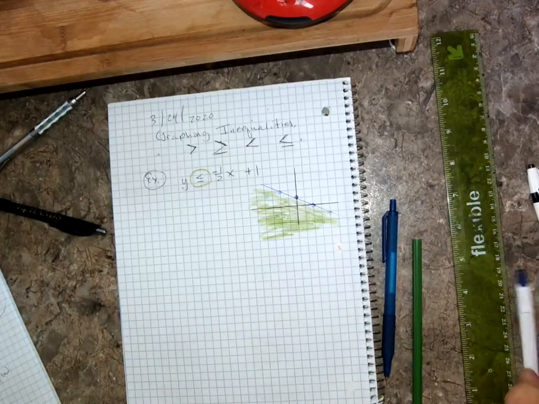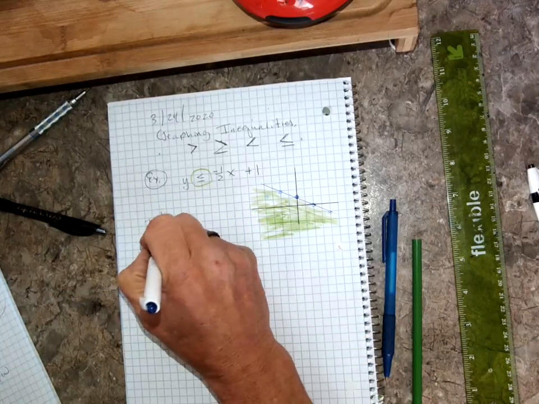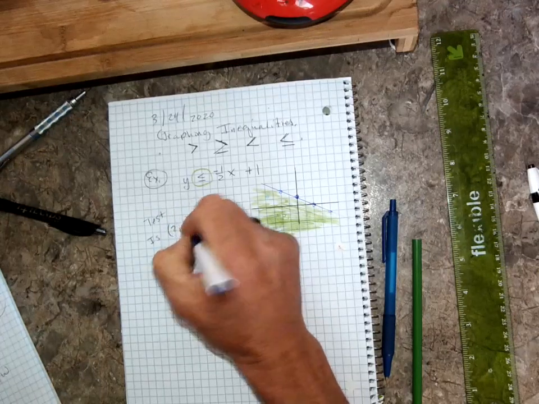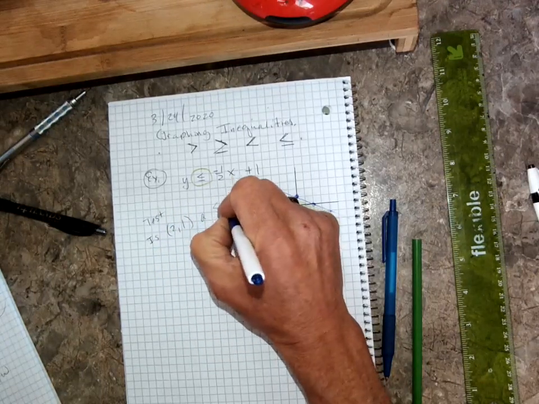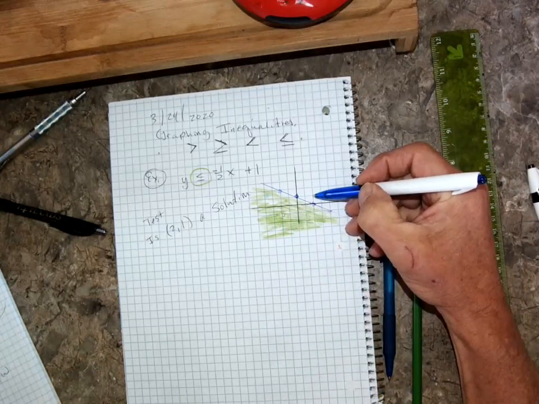So let's test a point. The question is, is the point (2, 1) a solution? From the graph, (2, 1) is not. But we can also plug that in and prove it.